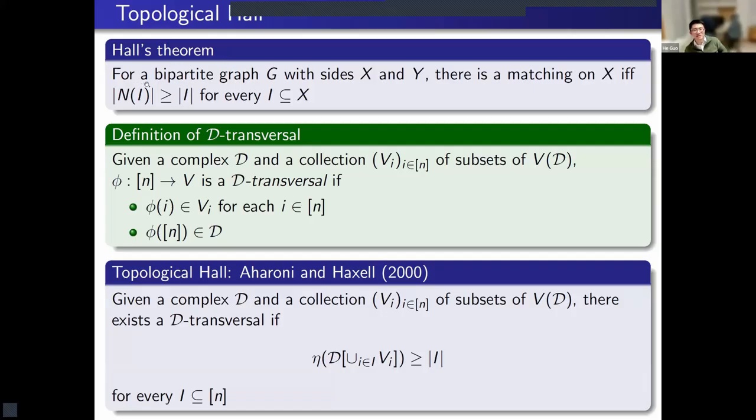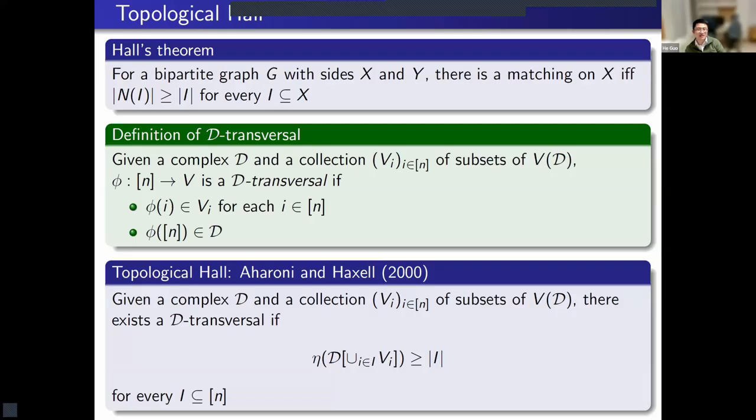Hall's theorem says that if you have a bipartite graph G with the two sides X and Y, then there is a matching from X to Y if and only if for every subset I of X, the size of the neighborhood of I is at least the size of I. You can easily see that it's a necessary condition, because if you have a matching, then I must match to the same number of vertices. That's why you have at least here. So that is Hall's theorem.